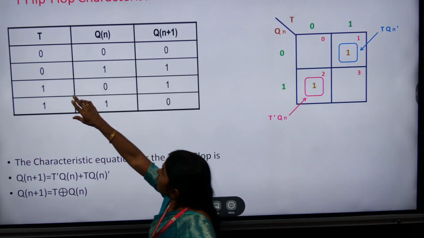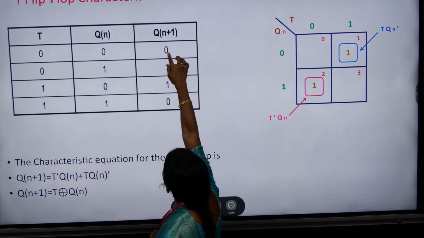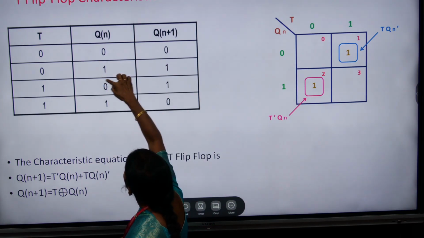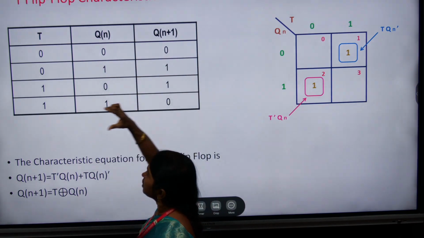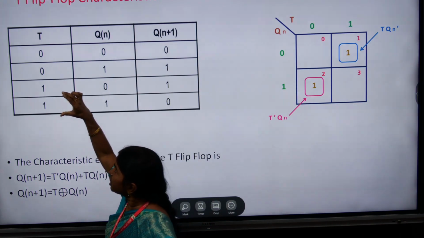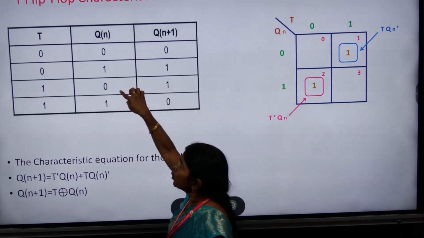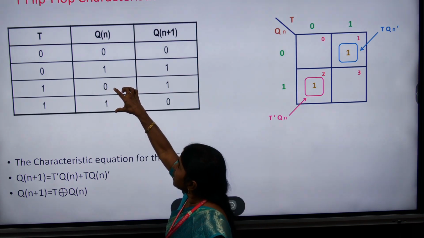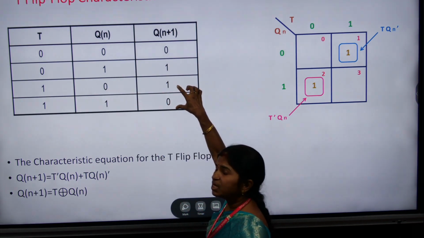So here, as I am taking the T value as 0, I am getting no change, that is, whatever the value of Q of T, that is shown in the next state condition. Next, when I am taking the value of T as 1, the toggle condition will occur, that is, the value present in the present state condition is inverted and it is shown in the next state.